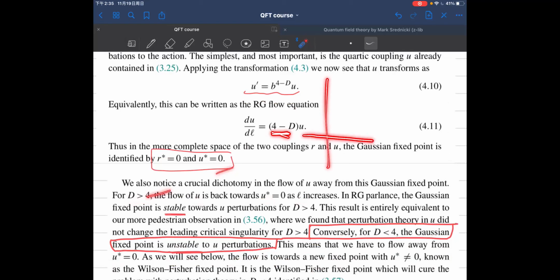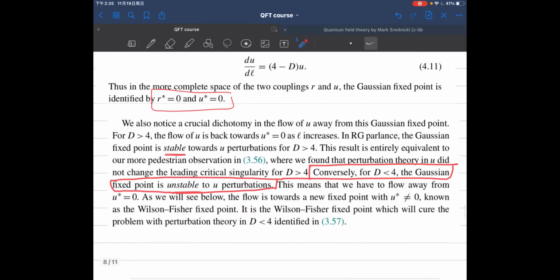You know that U is positive, and any U evolved by this differential equation will go back to U equal to 0. But for d less than 4, this is positive, so it will evolve outward.